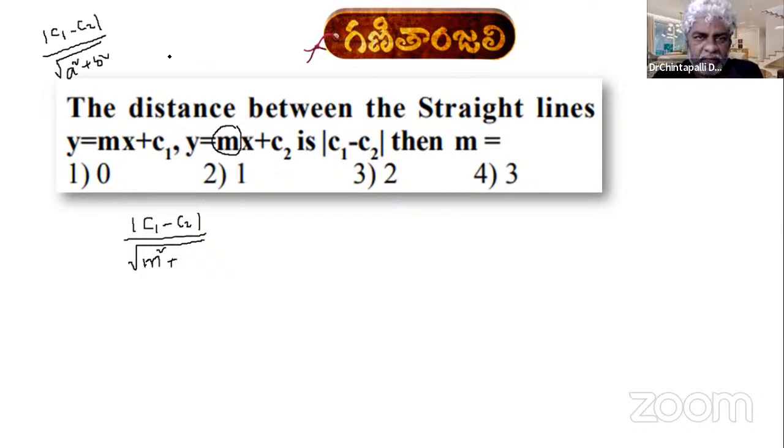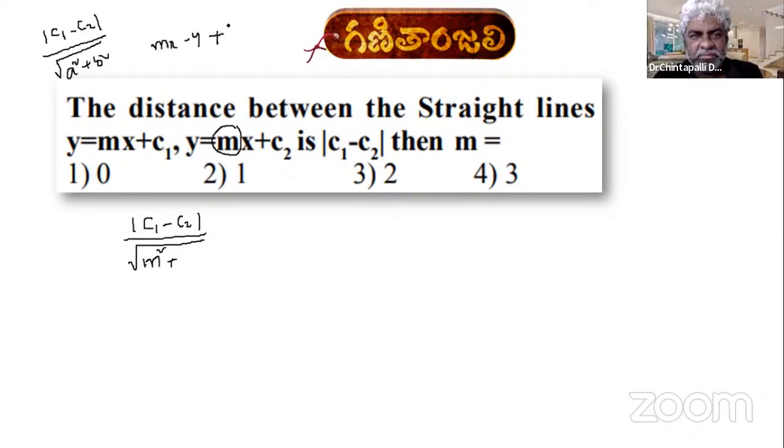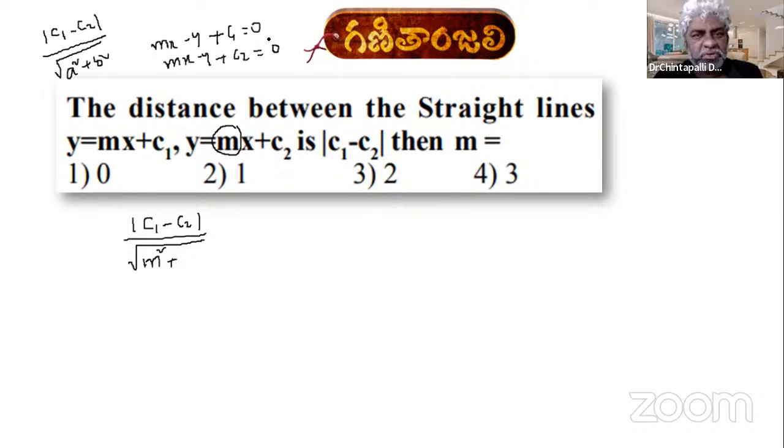One, sir. Actually it is minus 1. You know why? The lines are mx minus y plus c1 equals 0, and mx minus y plus c2 equals 0. So the y coefficient is minus 1.